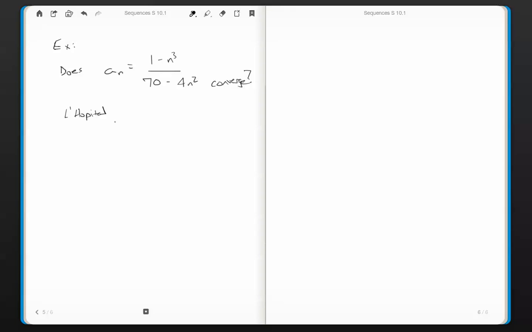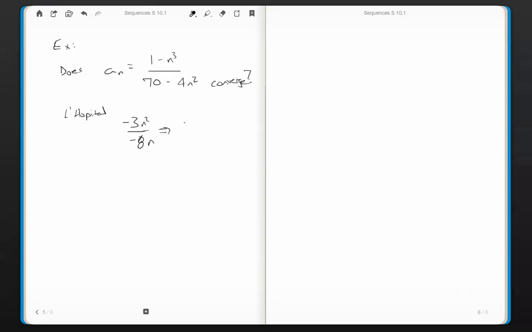And if we do that, we can say that the derivative of this is negative 3n squared over negative 8n. Well, that's still infinity over infinity, so let's keep going with this.